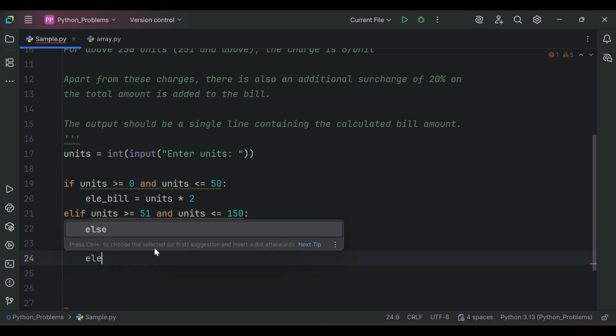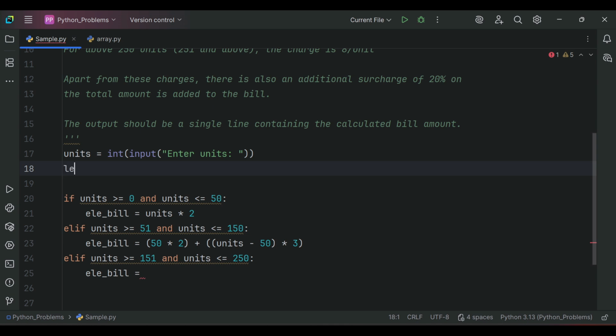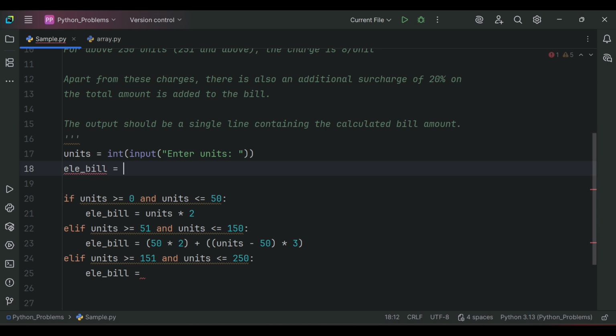At that time, what is the electricity bill? Here I am initializing one variable, electricity bill is equal to 0.